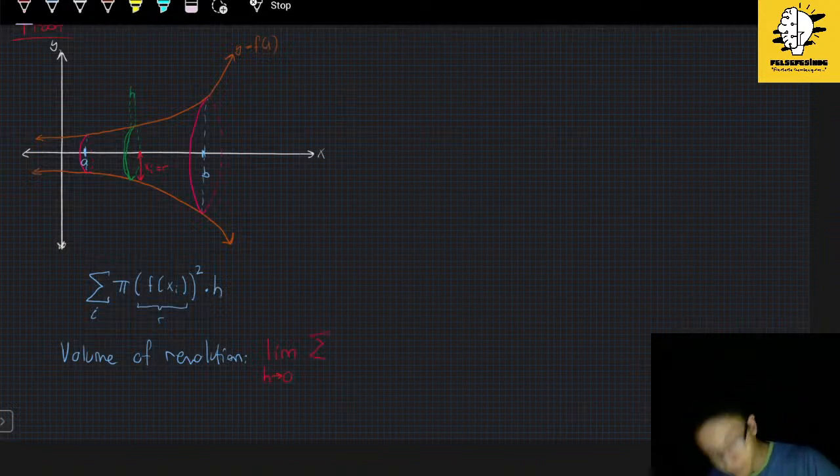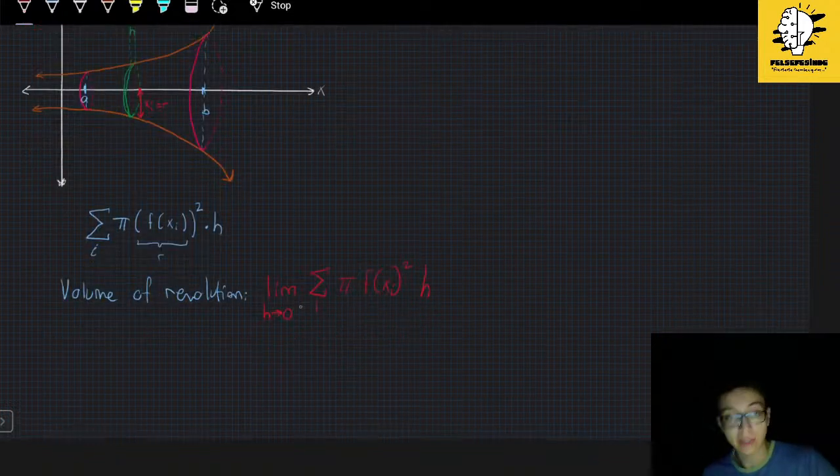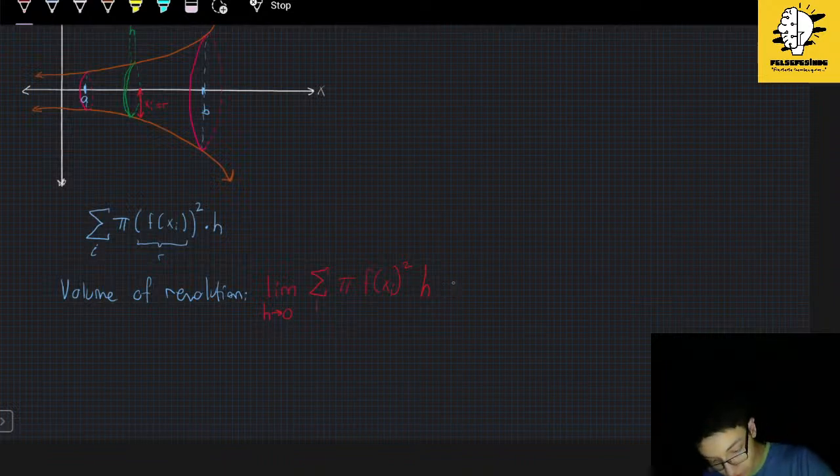Sigma, and I will say i over here, and it will be pi, f(x_i), meaning our radius, squared times h. And we know that sigma notation can be shown in this way as well.